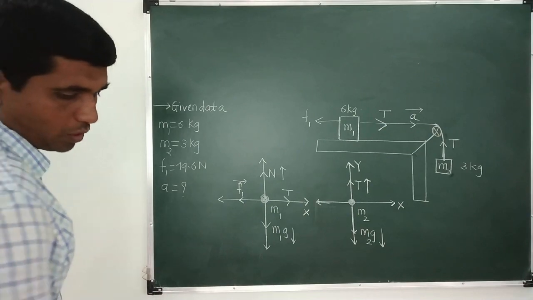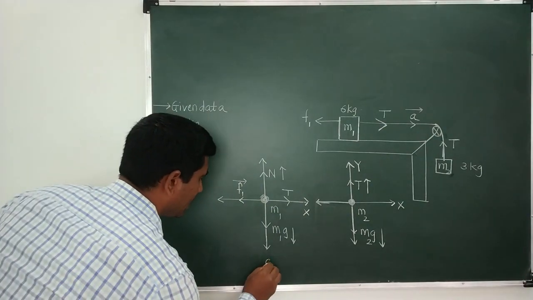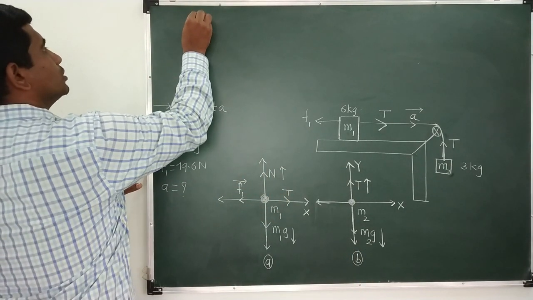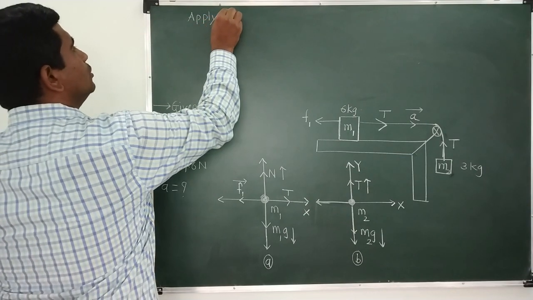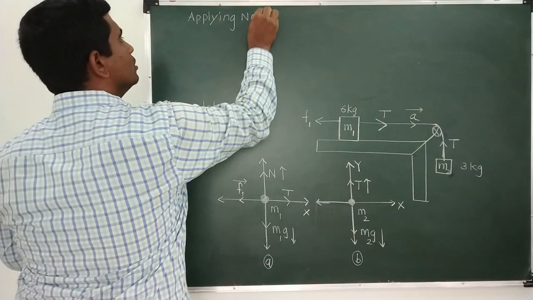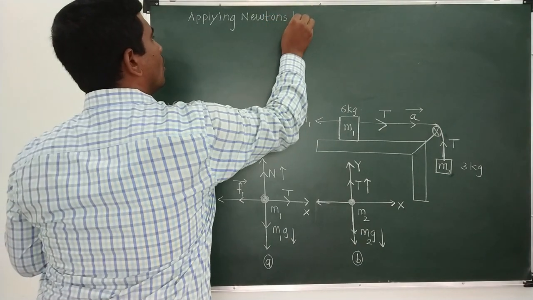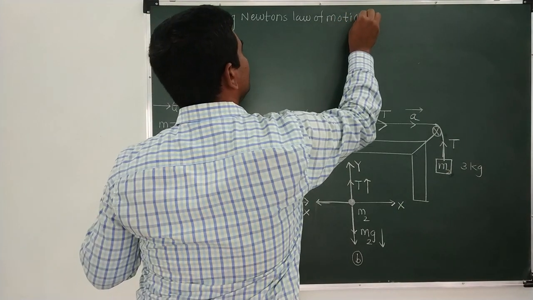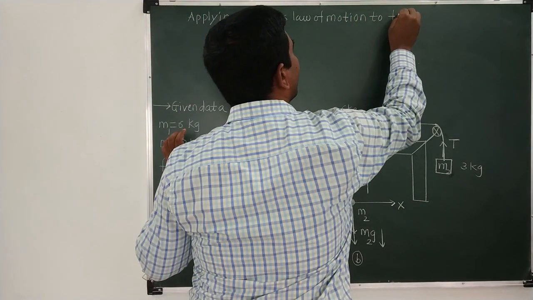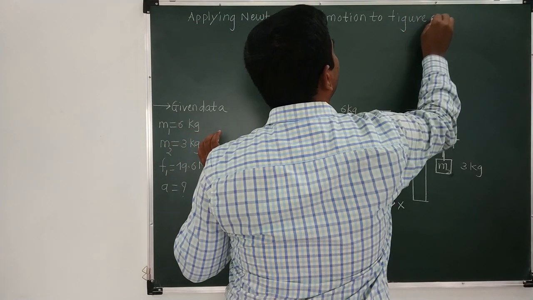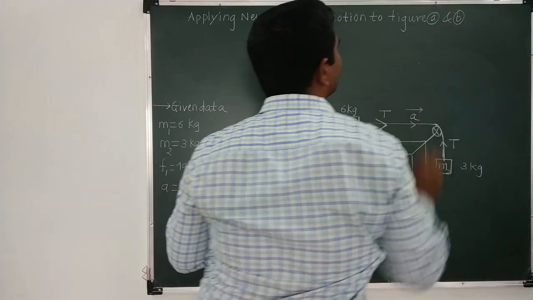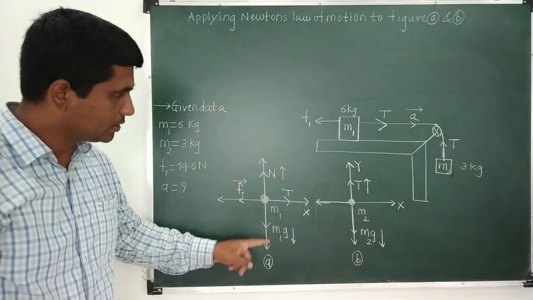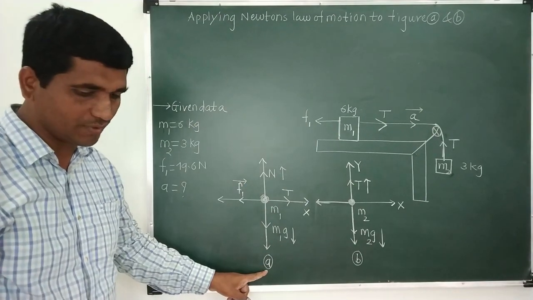Let us call this figure A and this figure B. Applying Newton's laws of motion to figures A and B. First of all, we will calculate the equation of motion for the object whose mass is m1, shown in figure A.